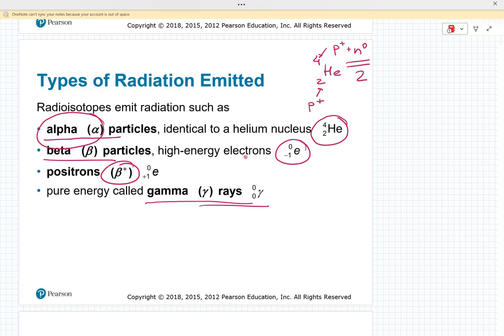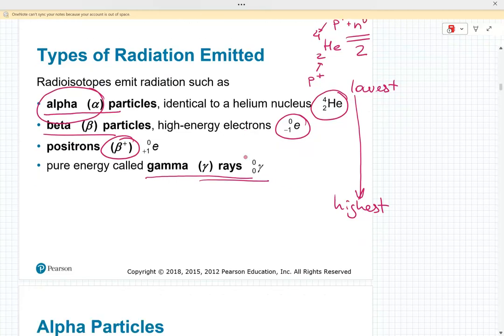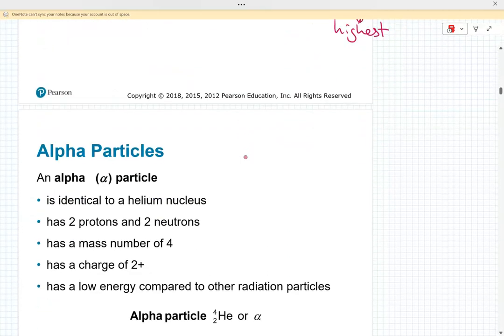As a general rule of thumb, the ability of radiation to penetrate through a barrier changes from the lowest for alpha particles to the highest for gamma radiation. Okay, good.